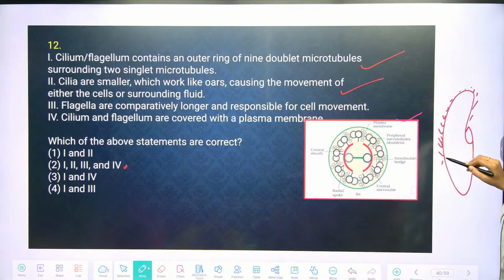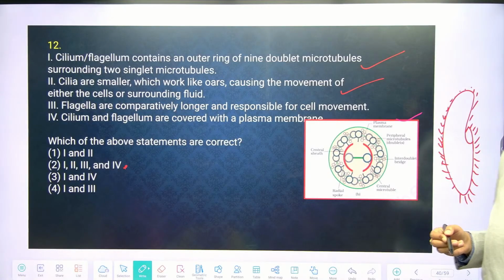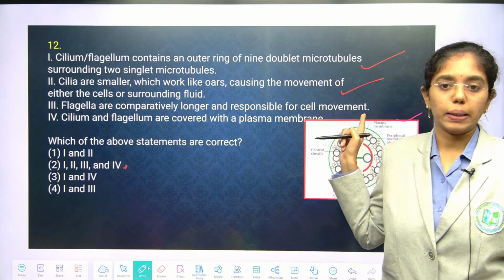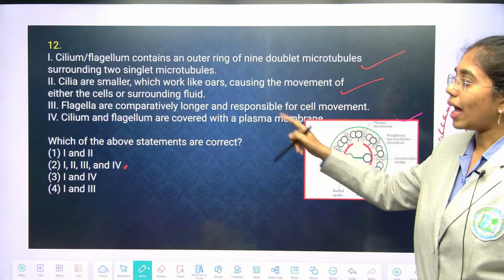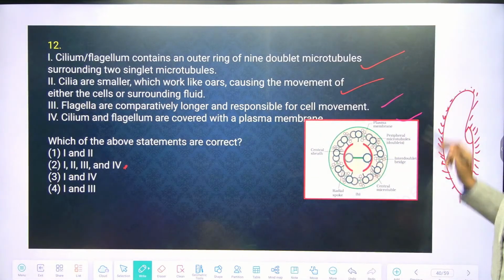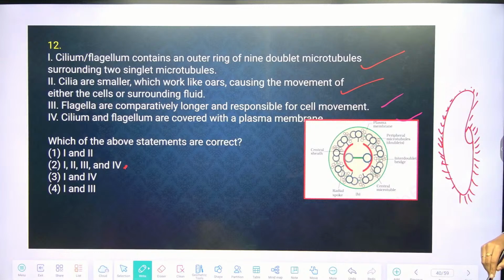Among flagella and cilia, the one serving fast locomotory activity is cilia. Flagella are comparatively longer and responsible for cell movement. Cilia and flagellum are covered by plasma membrane.